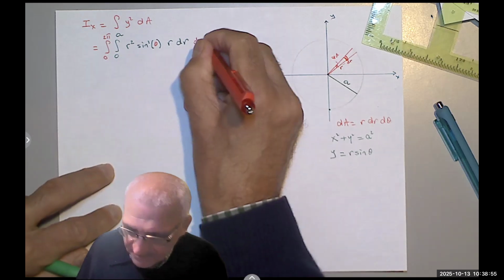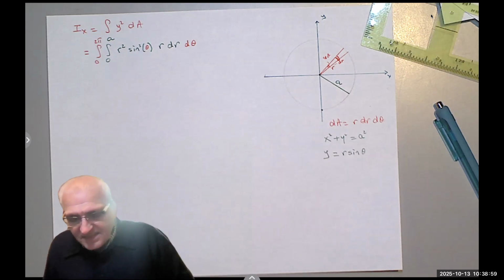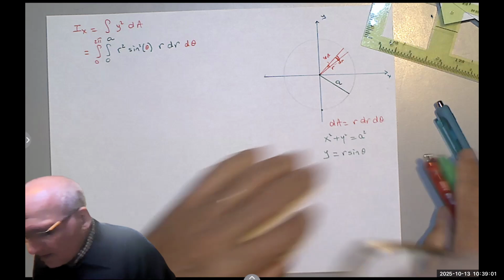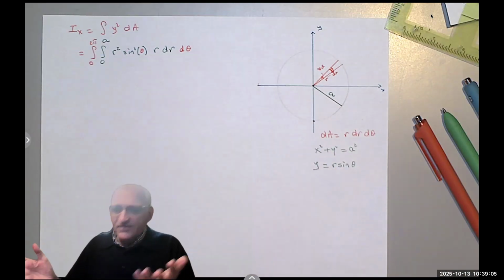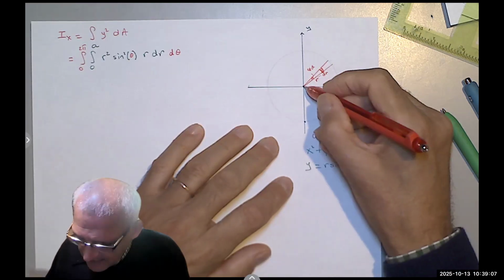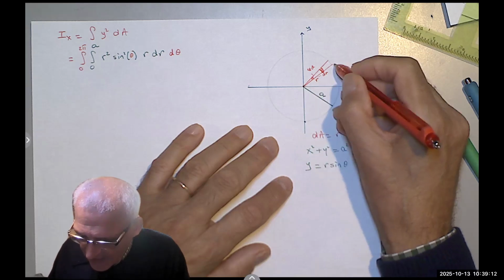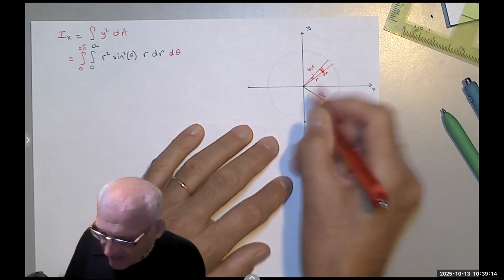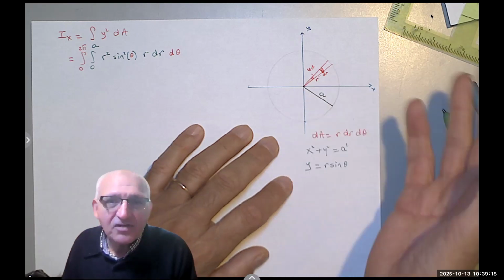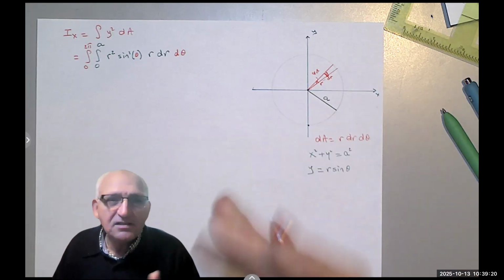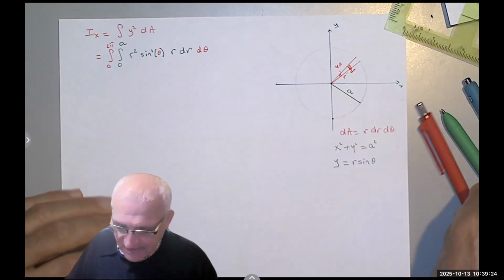The nice thing about this integral is that the r and the theta are independent of each other. R is not a function of theta. R is simply the distance from the pole. It goes from 0 to a. And theta is a rotation from 0 to 2 pi at any given r. So they don't interact with each other. So I can break this. You learned that before, right?